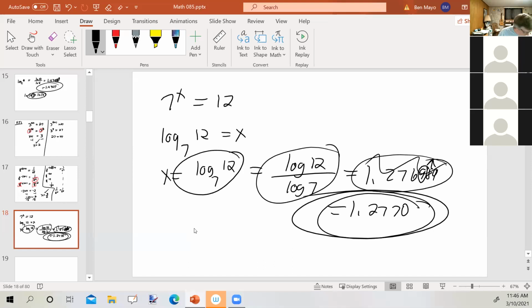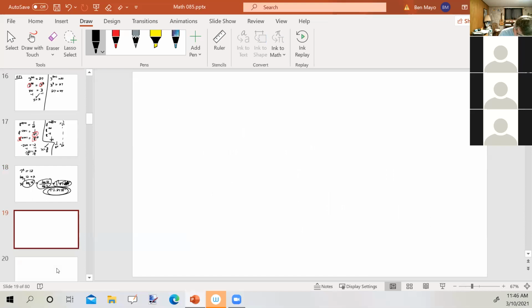Let's see, I've got 5 to the x plus 1 power equals 3. Again, I can't take that and change 3 to some power of 5, but I can write log base 5 of 3 equals x plus 1. Solving for x, I could subtract 1 from both sides.